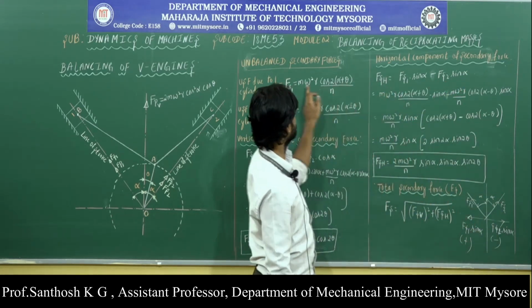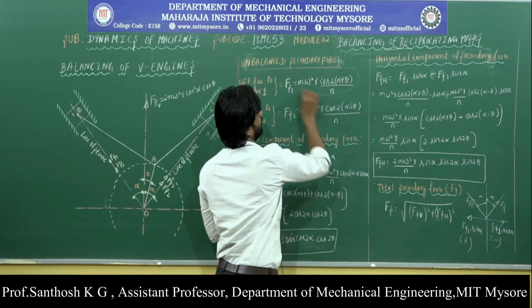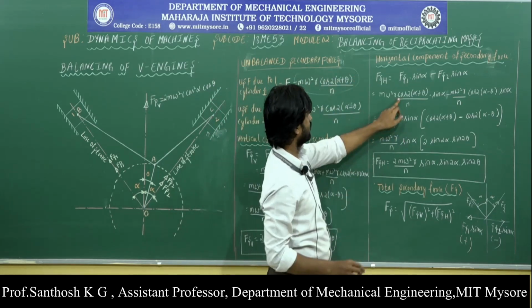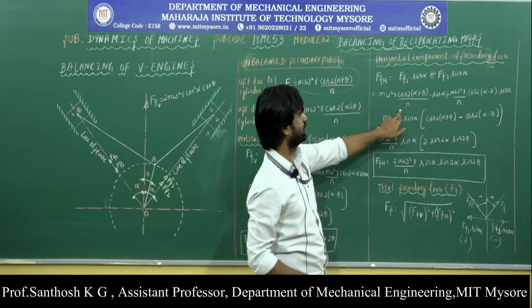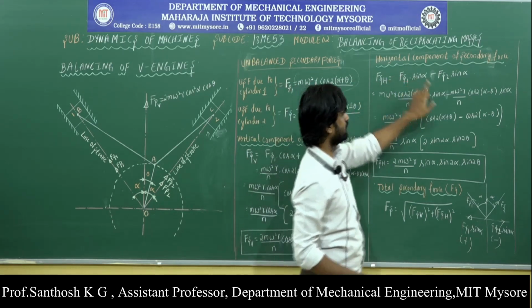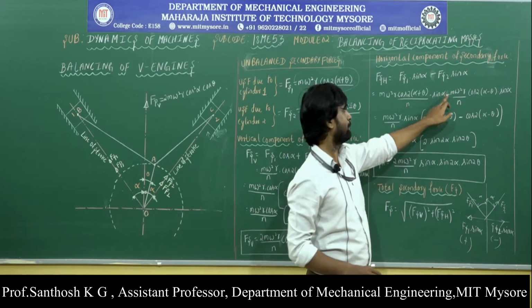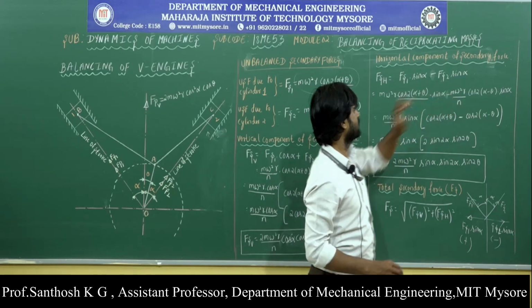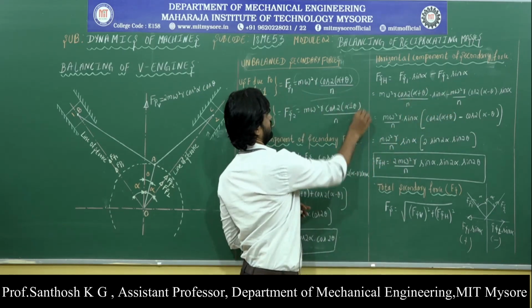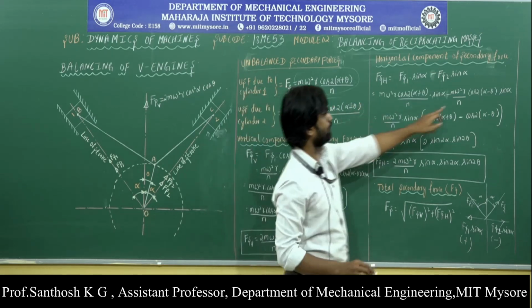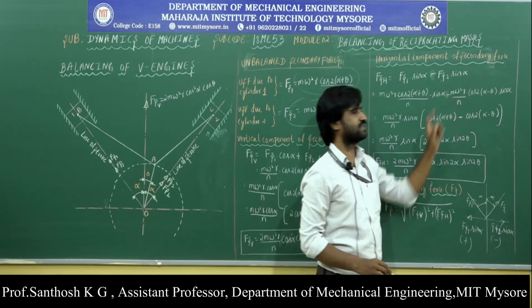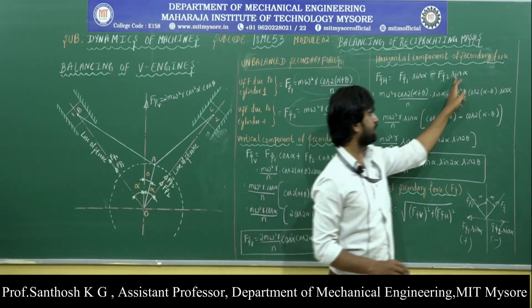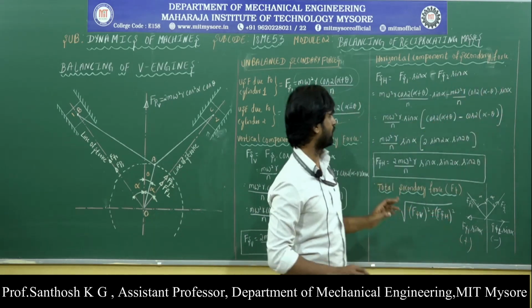In place of Fs1, I can write m omega square r into cos of (2 alpha plus theta) by n, into sine alpha, minus, in place of Fs2, m omega square r into cos of (2 alpha minus theta) divided by n, into sine alpha.